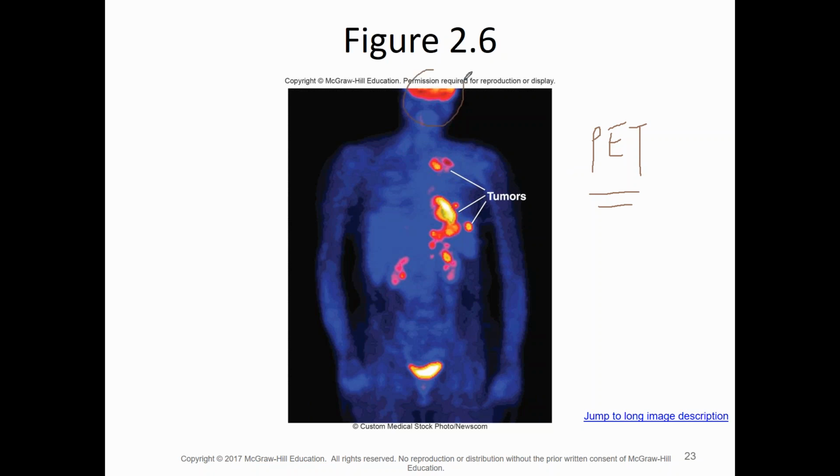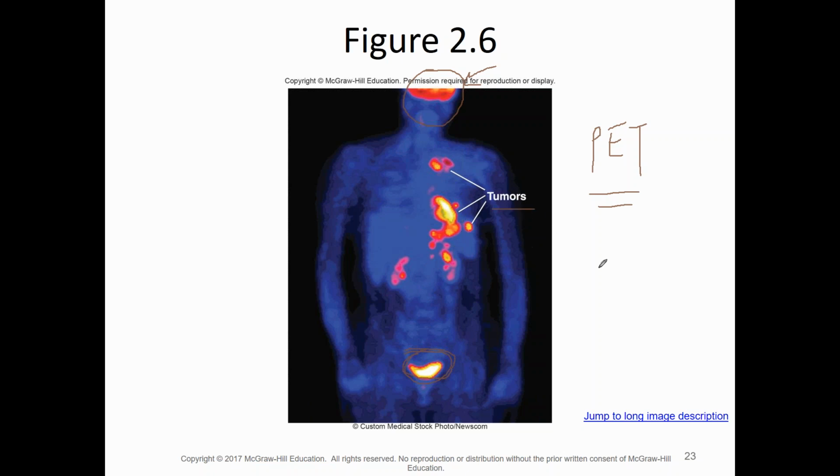Their brain is glowing, but that's because the brain is very metabolically active and there's a lot of glucose going to the brain, and so it shows up there. And then the bladder is very bright, as you can see down here at the lower part of the person's body. That's very bright because excess sugars can go through the urine, but all these bright spots in the lungs are not supposed to be there.